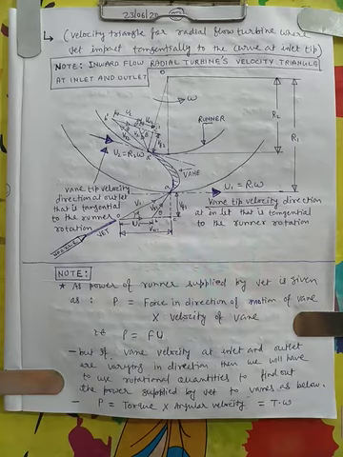when the jet impacts in the radial direction of the runner rotation, meaning from outward towards the center, or radially inward or radially outward, you can say.